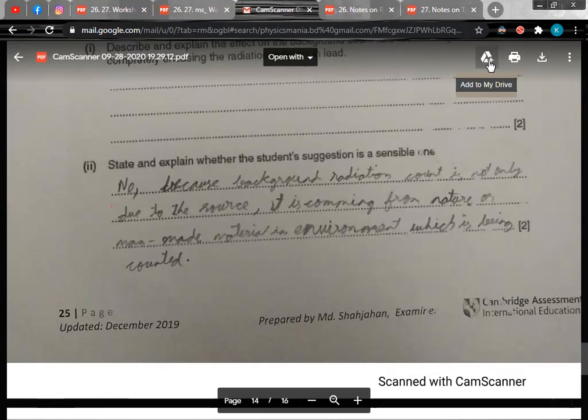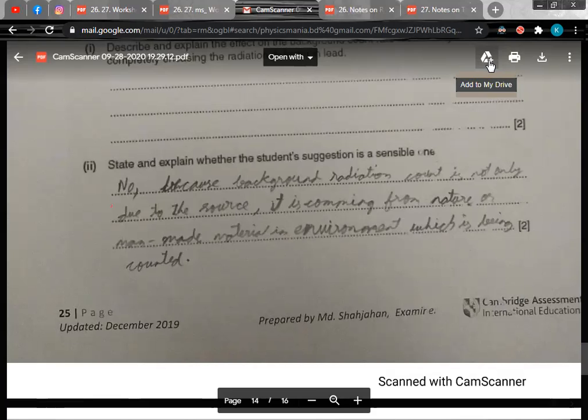At that time we need the background count to detect the correct number. Yes, now your answer is sensible. But the one you wrote before is not sensible. Am I right? Yes, sir.